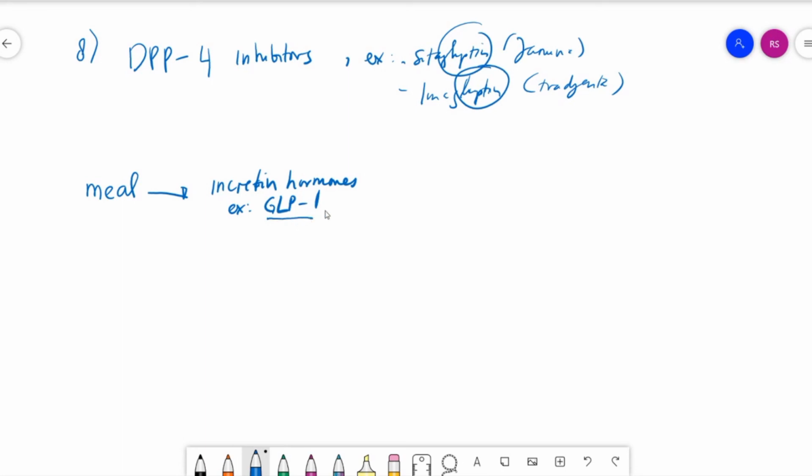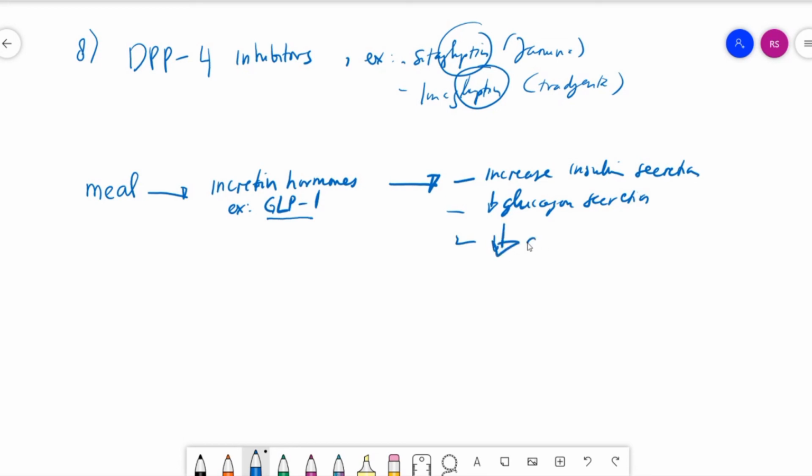So the natural body response is to secrete this hormone, and it will produce increased insulin secretion, decreased glucagon secretion, and delayed gastric emptying.